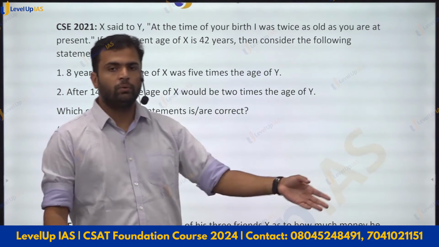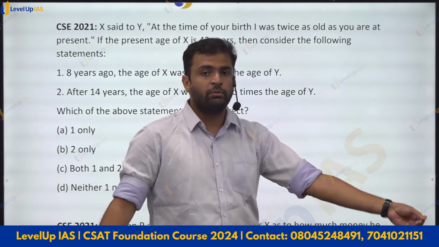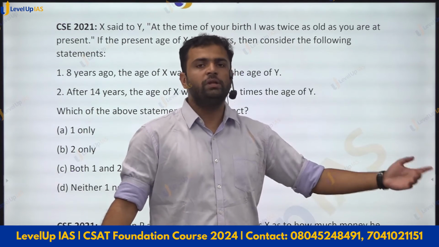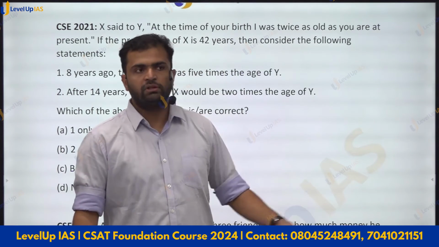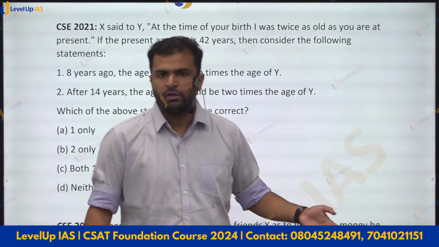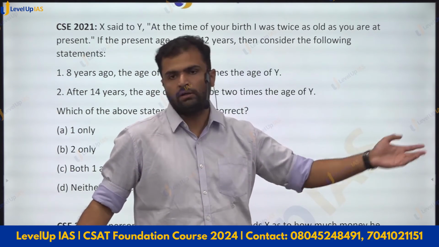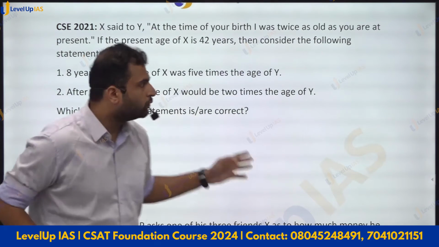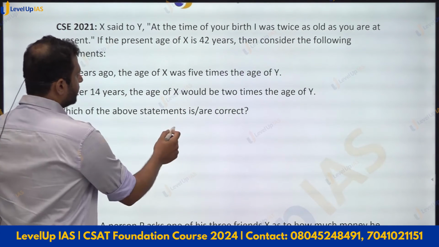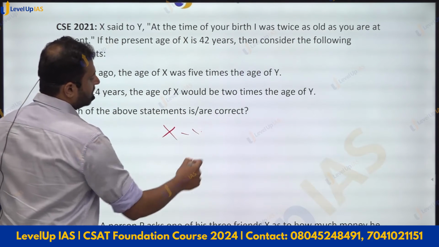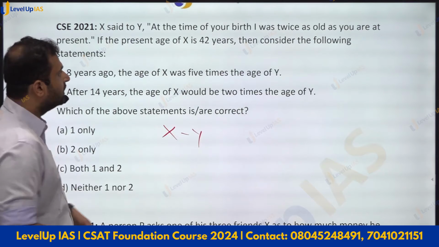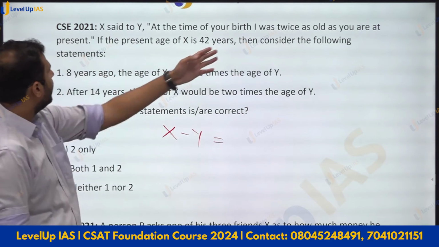So X is talking to Y and he is saying at the time of your birth, meaning how many years back? Y years ago, because if Y's age is, let us say, 10 years, Y was born 10 years ago. If Y's age is 50 years, Y was born 50 years ago. So what our first equation is saying is X's age Y years ago, that is at the time of Y's birth, is twice that of Y's present age.